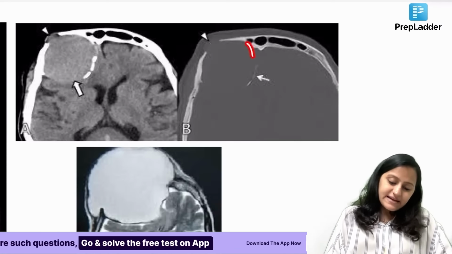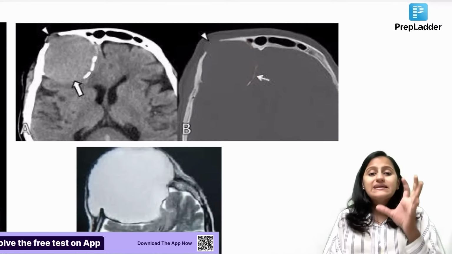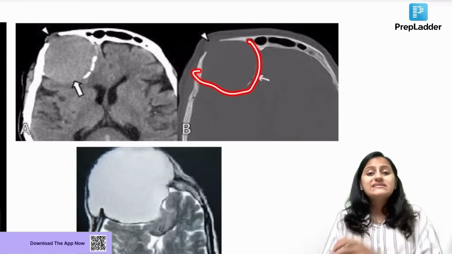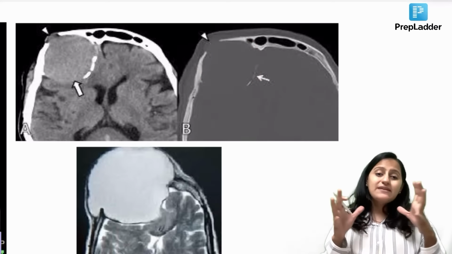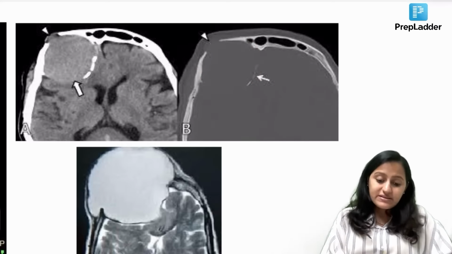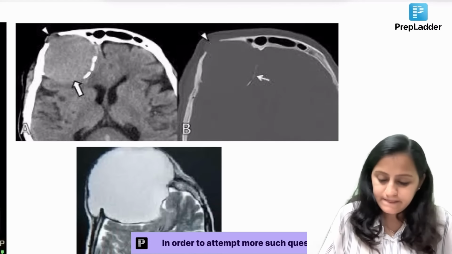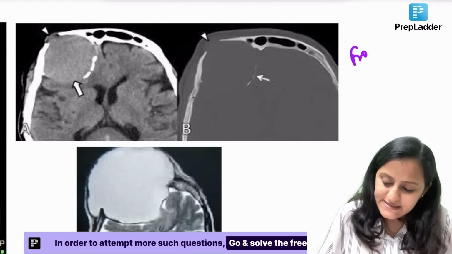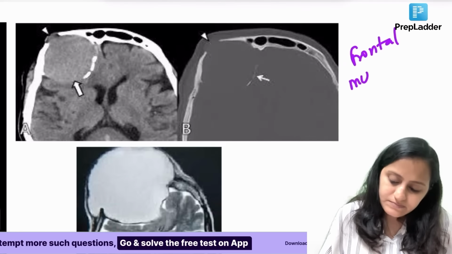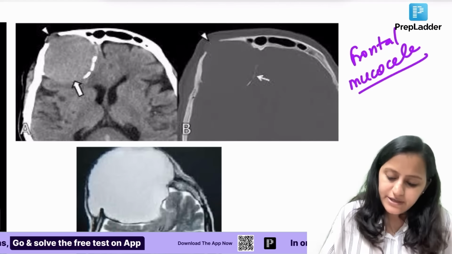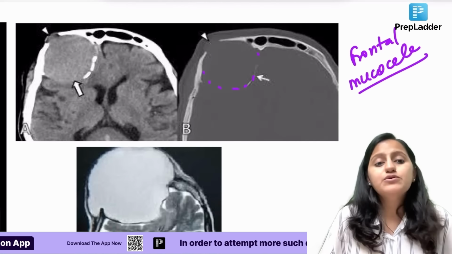Here is an expanded area of the frontal sinus. The bone is thinned out. So there is expansion of the frontal sinus with thinning of the bone and no white area. What is this? This is the frontal mucocele.